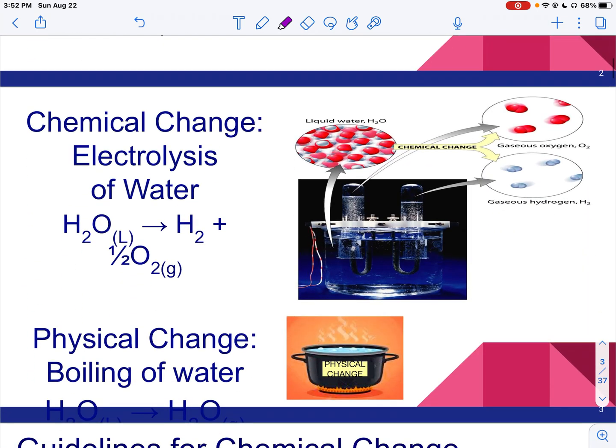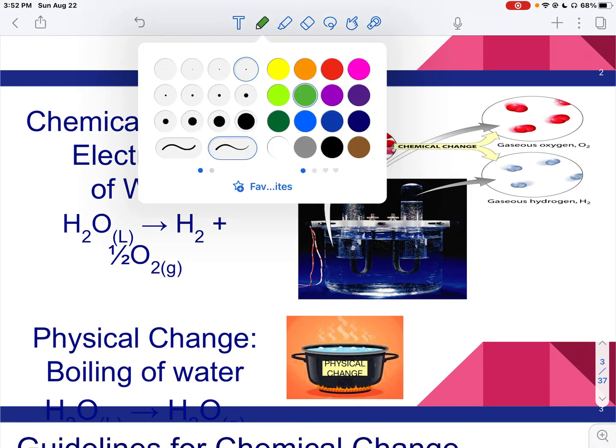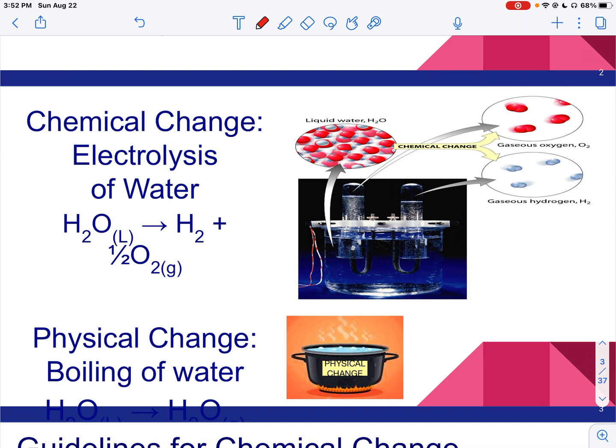So a nice example of this is water. So we have two versions of changing water here. The first one, the electrolysis of water, we'll talk more about this throughout the year, is when you use intense amount of heat in water to actually break up the hydrogen and oxygen.